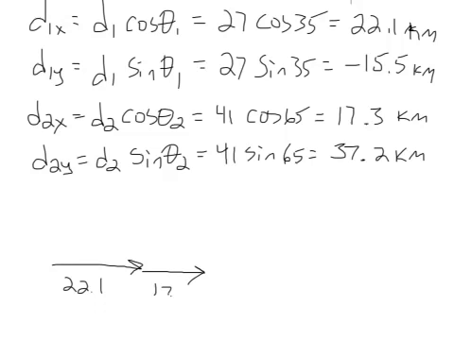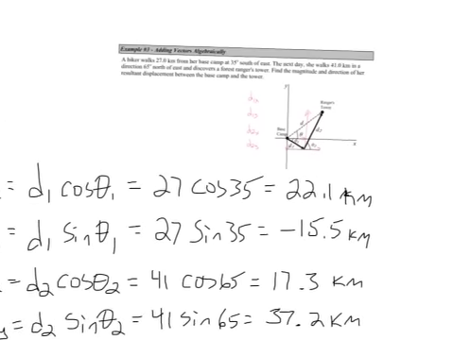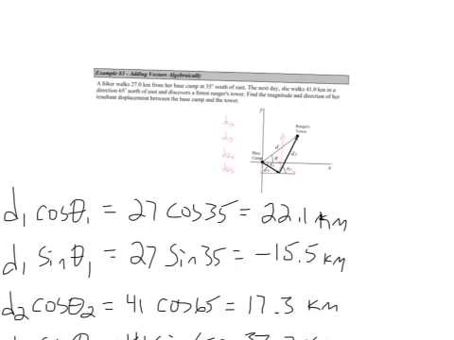In our y direction, we have a D1y of negative 15.5, and D2y of a positive 37.2.